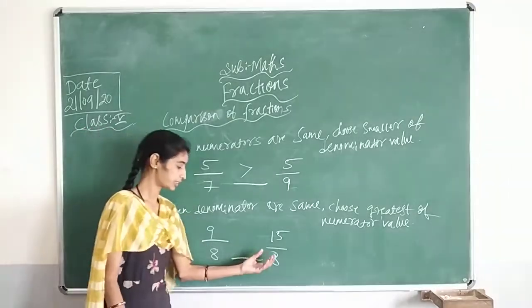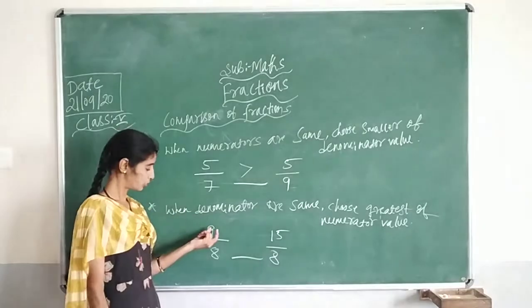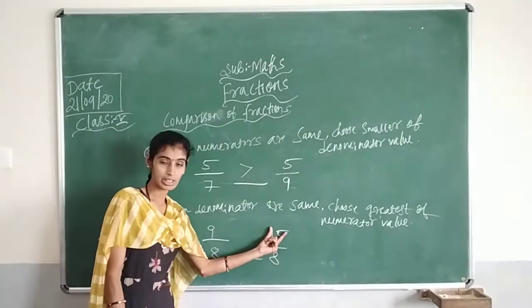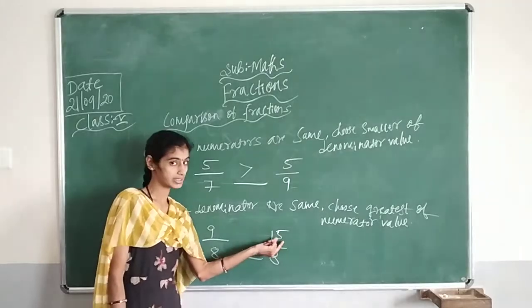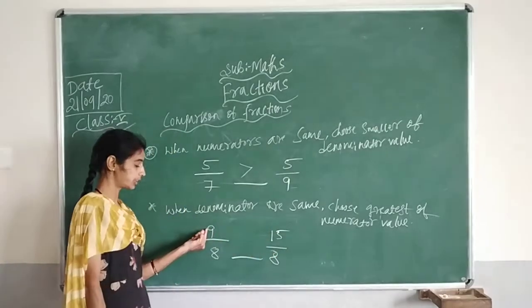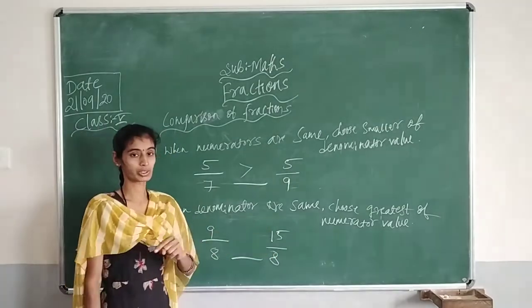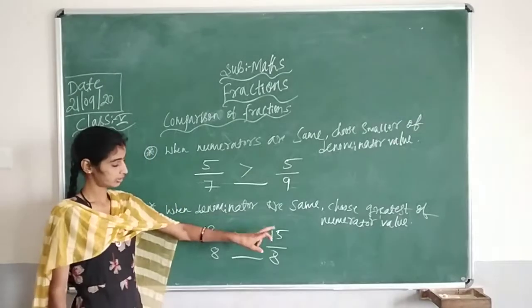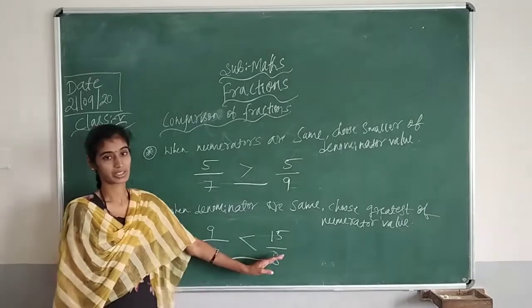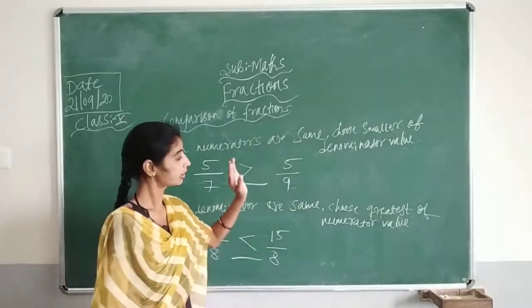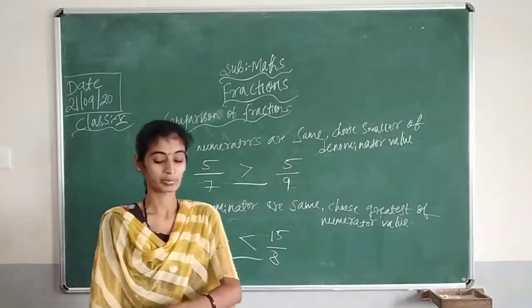When the denominators are same, then at the time you have to calculate the numerator values. So in that you have to take the greatest number. So here it is 9 and here it is 15. Which is the greatest children? Yes, it is 15. So you have to make open angle that side. They are very simple. Try to understand.